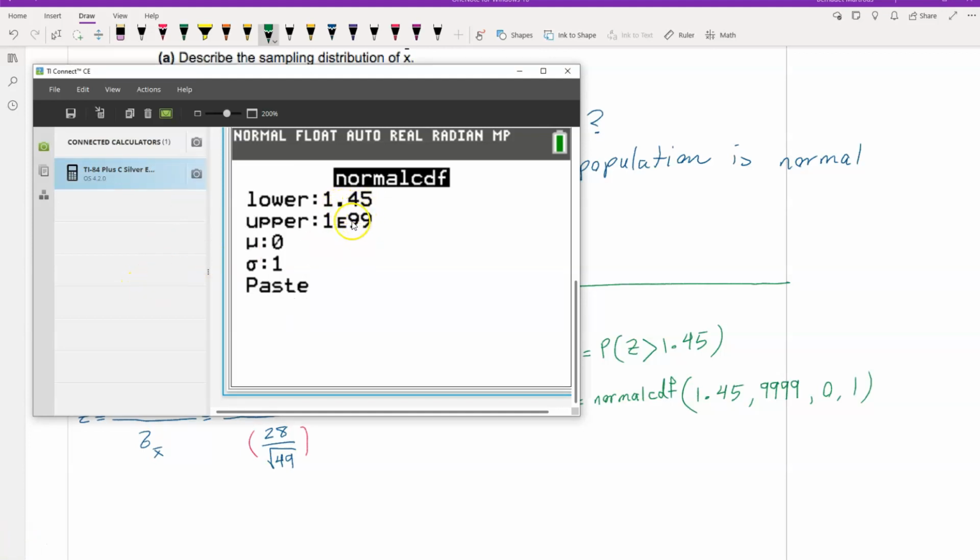You enter 1.45, 1 exponent 99. To enter this, you have to use second, comma, to enter the E or exponent. Then enter, enter, enter. Here is the answer.